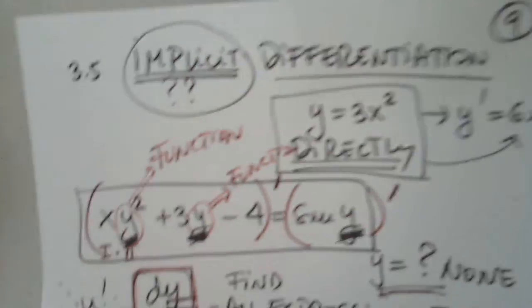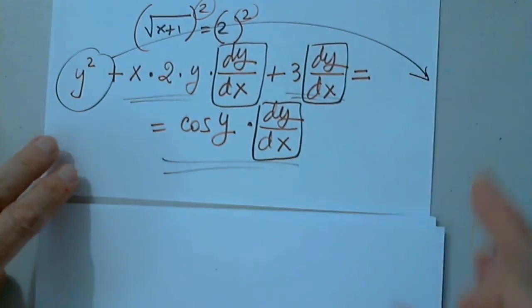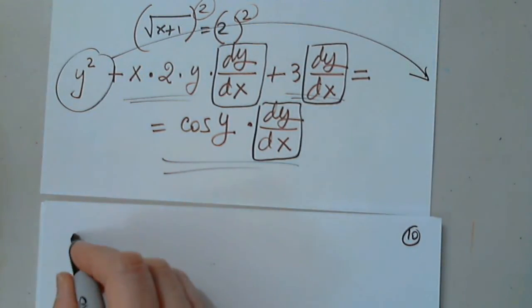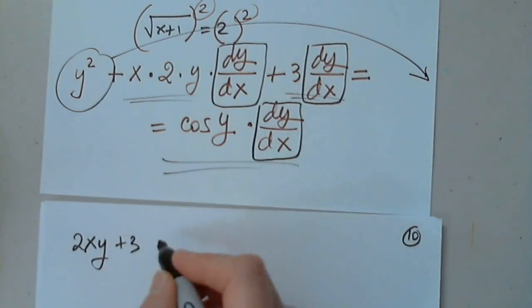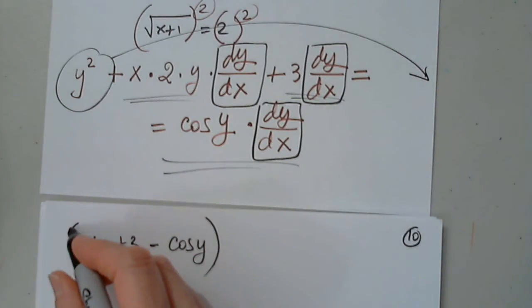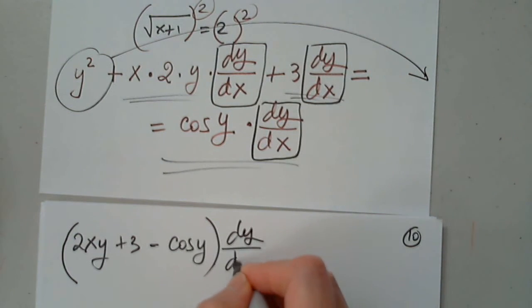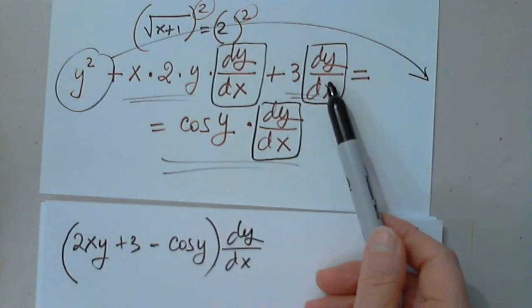So then, what do I have on the left? On the left, I have 2xy plus 3. I move cosine times this to the other side. I put everything in parentheses because I will factor out the unknown. 2xy times dy is this term. 3 times dy over dx is this term.